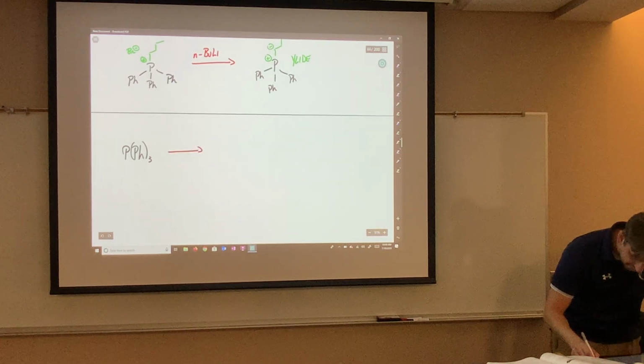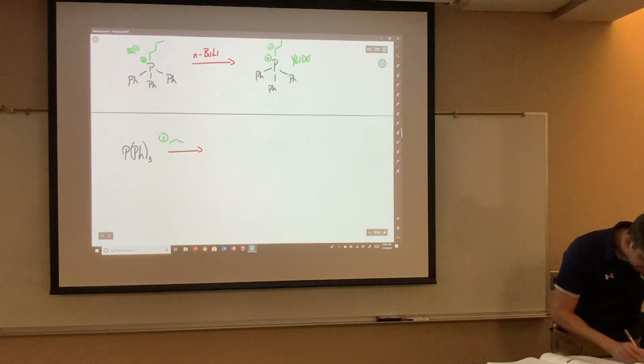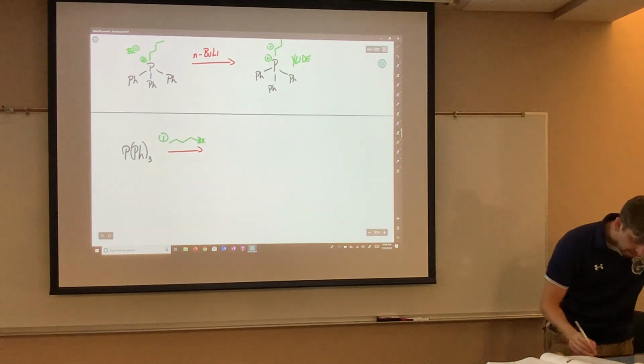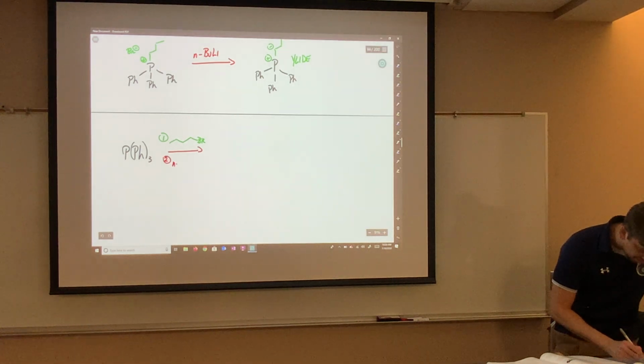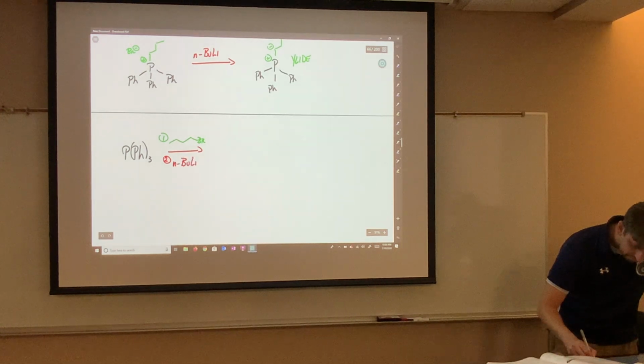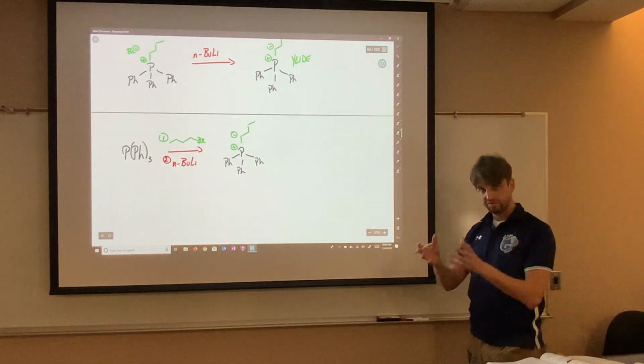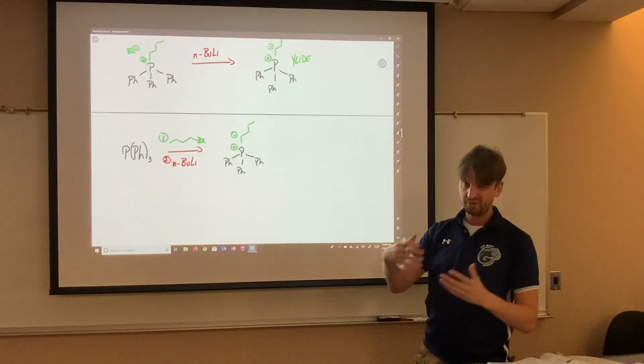Triphenylphosphine. In step 1, you would say what alkyl halide you want to use, and then in step 2, you would say that n-butyl lithium came in and generated the ylide salt there. And my product would be exactly what we drew up there. It is this. Fantastic.